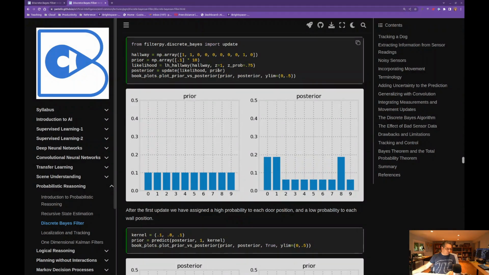However, we do have a measurement, shown here as Z, and the measurement equal to 1 indicates that the agent is in front of a door. We update the posterior, the belief that we called belief earlier, and this is what we get.